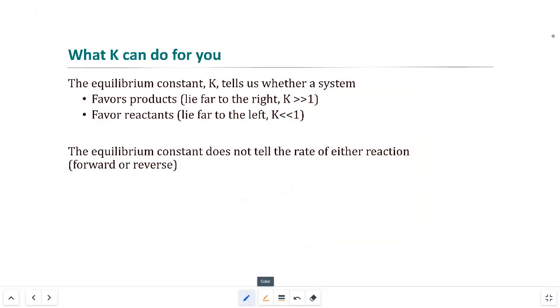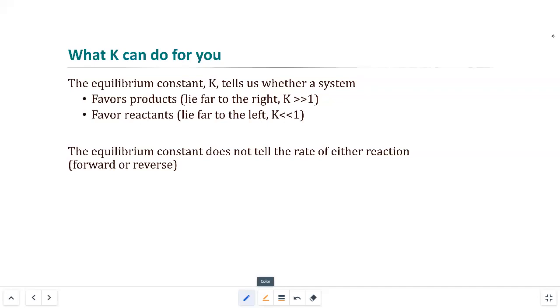So let's get some of our basics down. What is it that the equilibrium constant tells us? First of all, it does tell us the position of the chemical reaction in terms of where it is favoring, products or reactants.